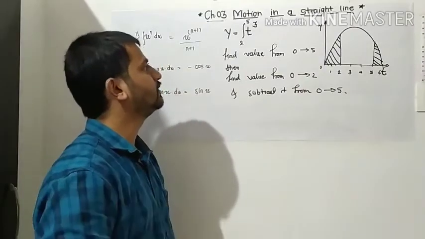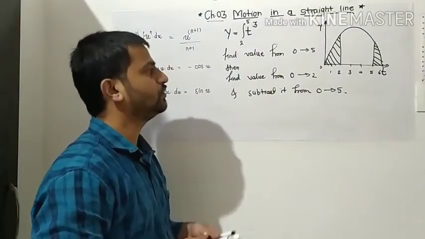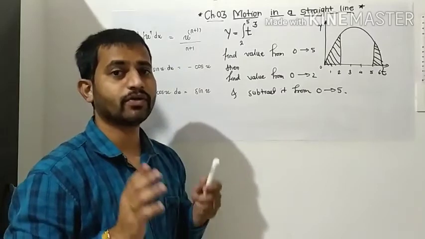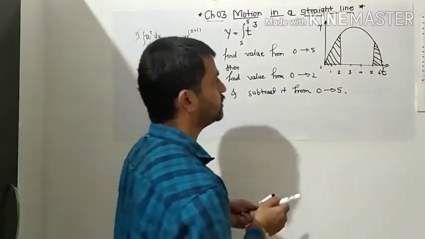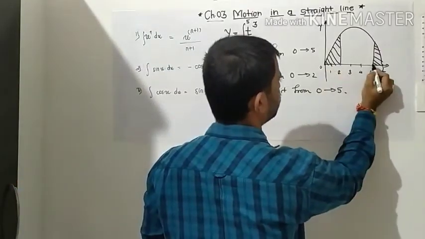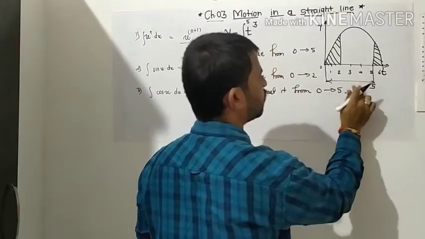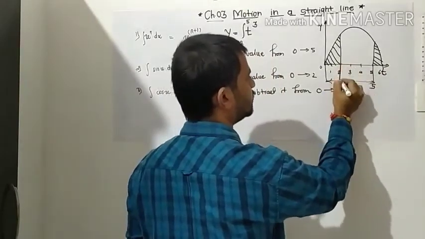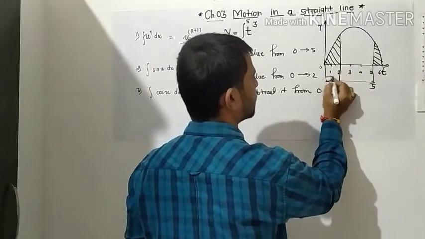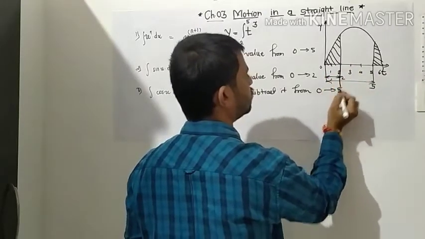When we have to find that equation particularly, we first go for the total value from 0 to 5. We get the value of this curve from 0 to 5, and from this we subtract the value from 0 to 2.